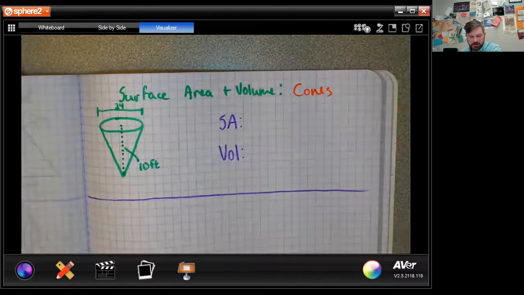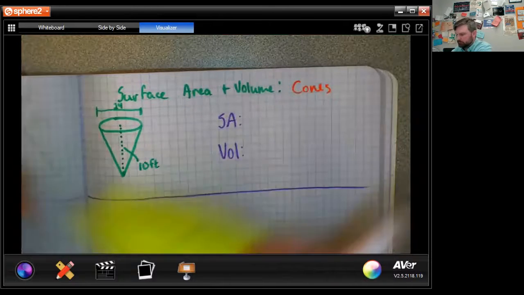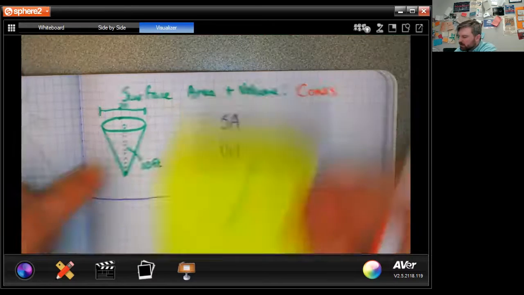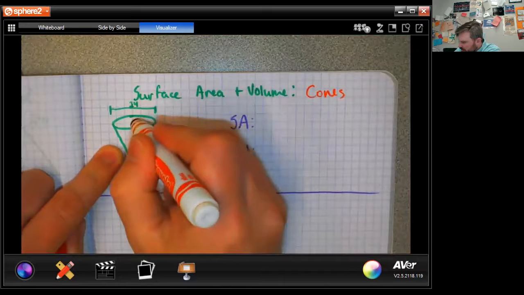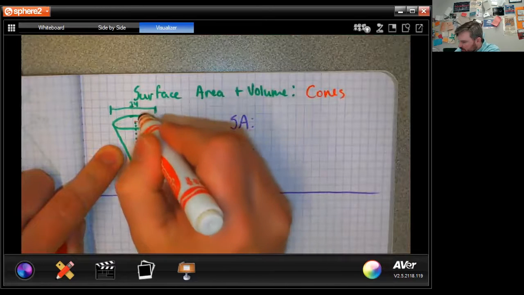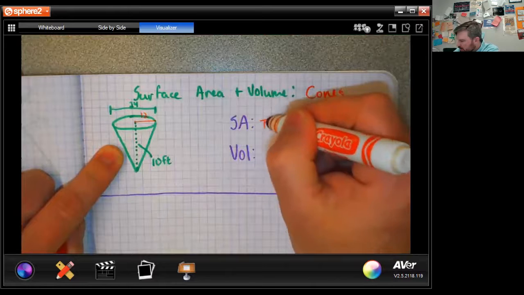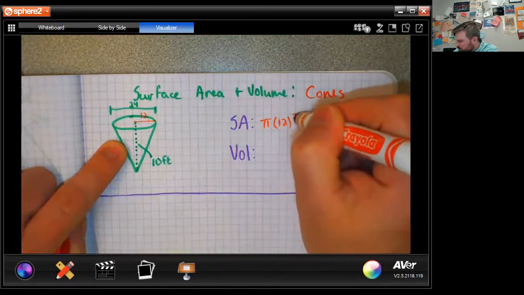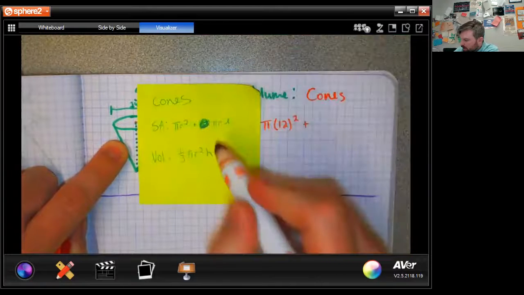So for the surface area, remember, and I kind of wrote a post-it again, these are the formulas. Okay, so they actually give me this whole distance across here. I only want 1/2 of that, which is 12 for the radius. So we have pi r, which is 12 squared, plus pi RL.